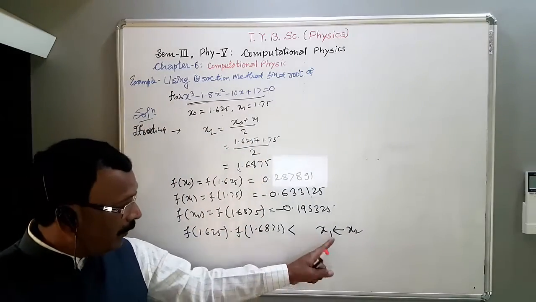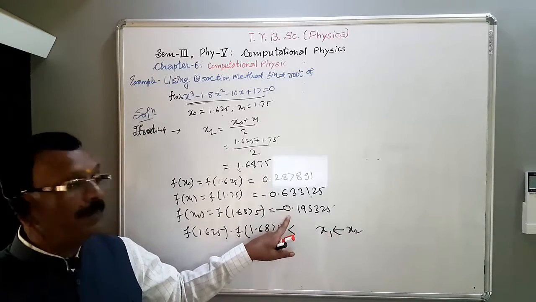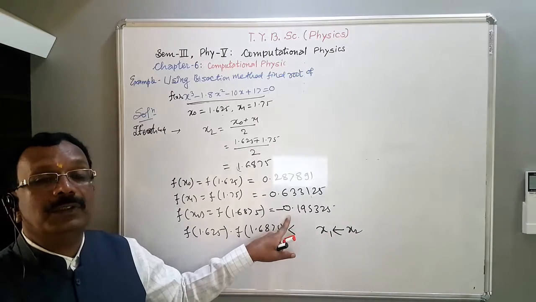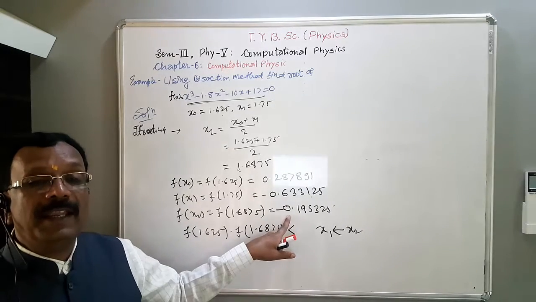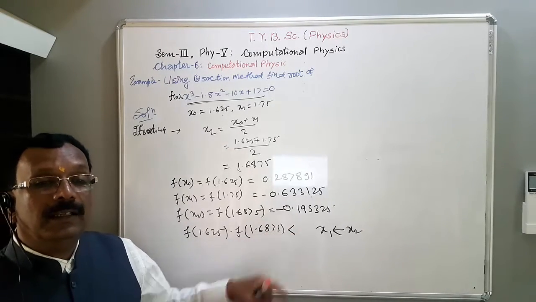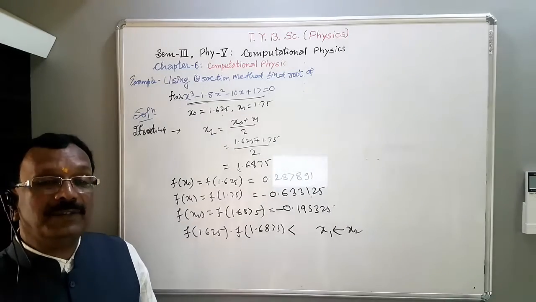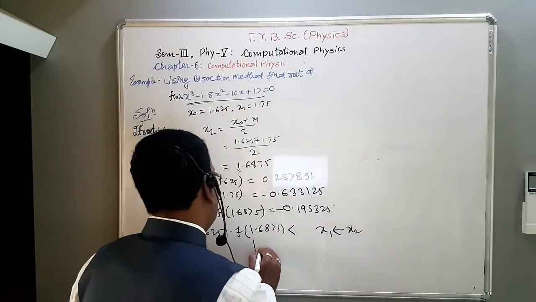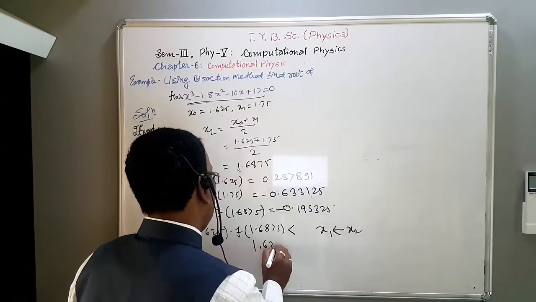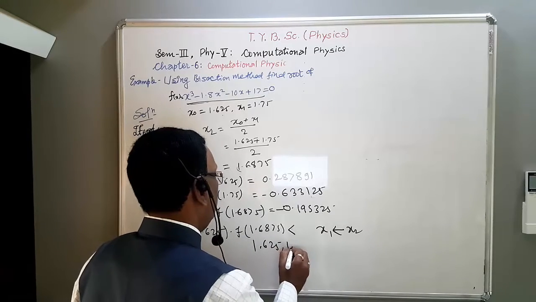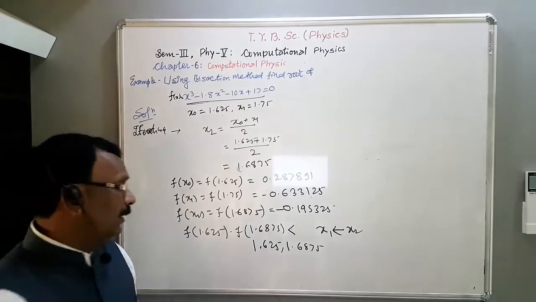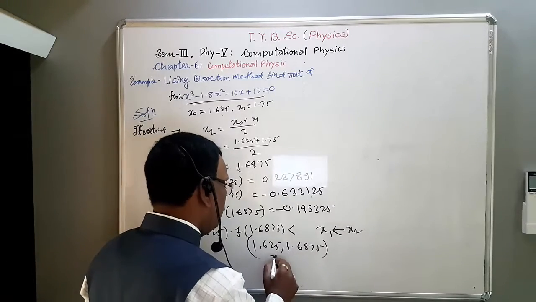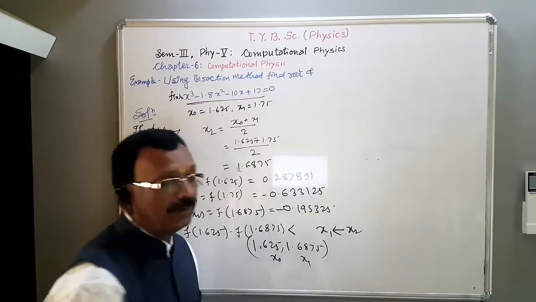When we replace x1 by x2, obviously we have the root, and that root lies between x1 and x2. Root r lies between x1 and x2. That means between 1.625 and 1.6875. The root lies between these. This is the value of x0 again, and this is the value of x1.